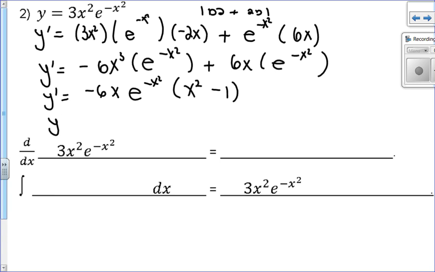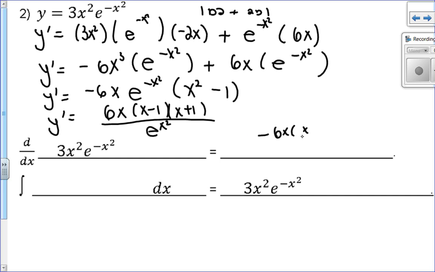Finishing this off, I'm going to have negative 6x in the numerator. I'll factor the difference of squares and then place it over e to the x squared, with the exponent being positive now that it's in the denominator. So the derivative of 3x squared e to the negative x squared is equal to negative 6x, x minus 1, x plus 1, all over e to the x squared.